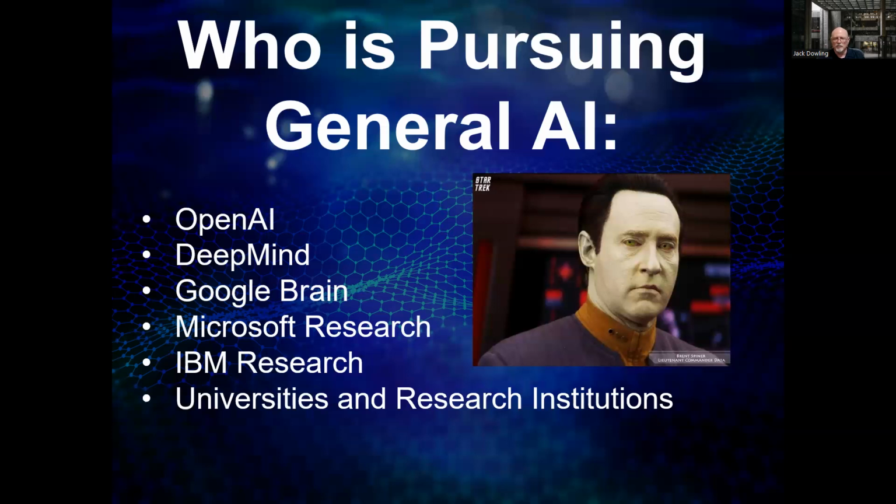I mean, it was just faster and it knew more, which was quite stunning. IBM's done a lot around machine learning, natural language processing, and computer vision. And then universities and research institutions like Stanford, MIT, Oxford, and the Future of Humanity Institute are all organizations that are heavily focused on AGI.